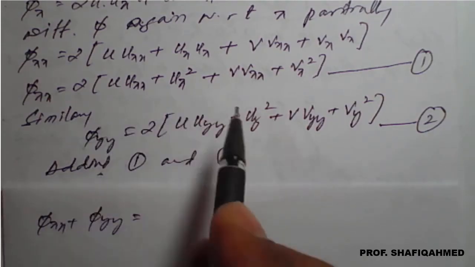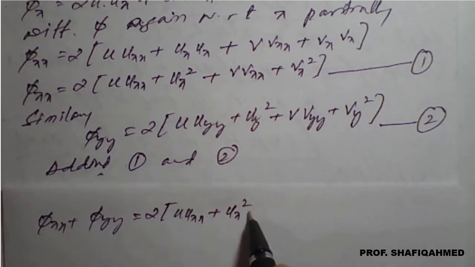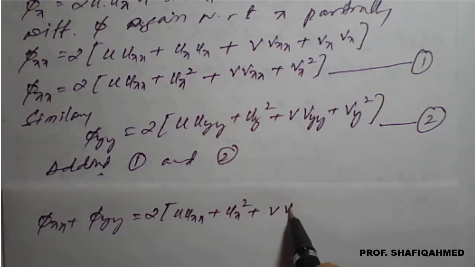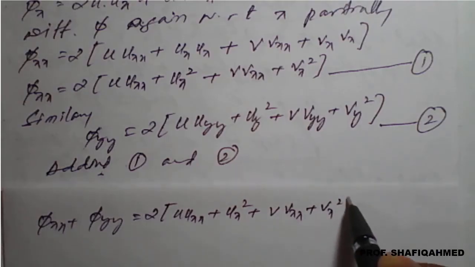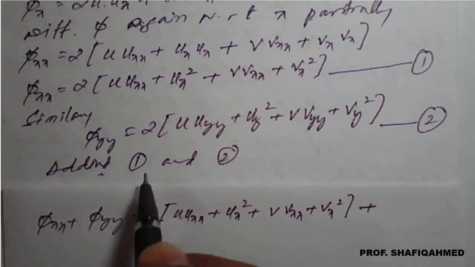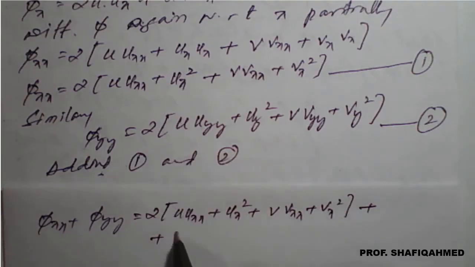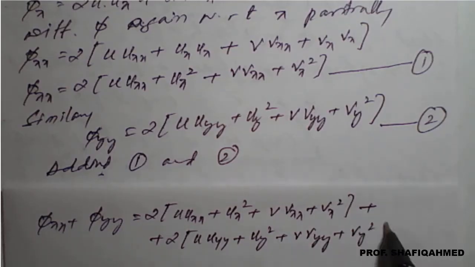On adding right hand side, that is 2 times u into uxx plus ux square plus v into vxx plus this vx square, plus, continuation, plus I will write down here, the right hand side of equation 2, that is 2 times u of uyy plus uy square plus v into vyy plus vy square.